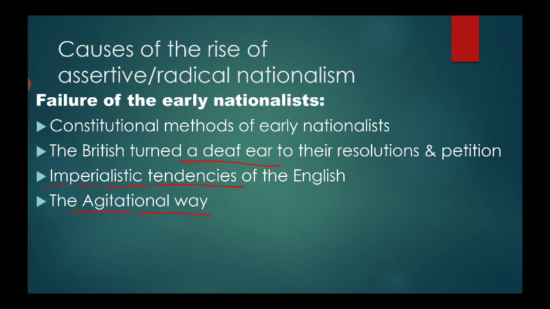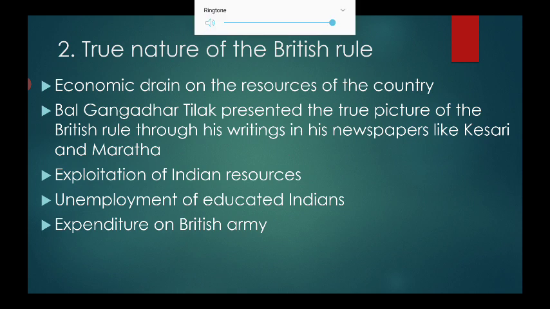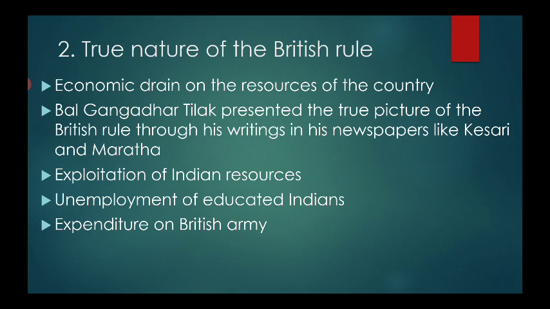Then Bal Gangadhar Tilak presented the true picture of the British rule through his writings in his newspapers like Kesari and Maratha. And he exposed the so-called doctrines of the early nationalists. The early nationalists made the people believe that Indians could progress under the guidance and control of the Britishers, and they did not try to emphasize or expose the exploitation of Indian resources.